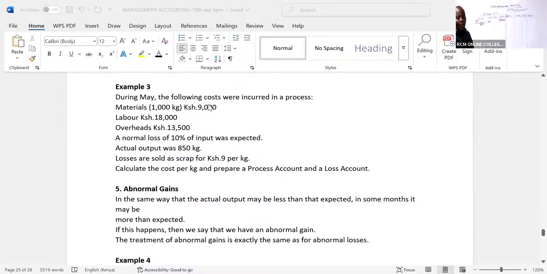So remember, once you have brought in the main material, now you need to bring in what we call conversion. Conversion is made up of two items, labor and overheads.